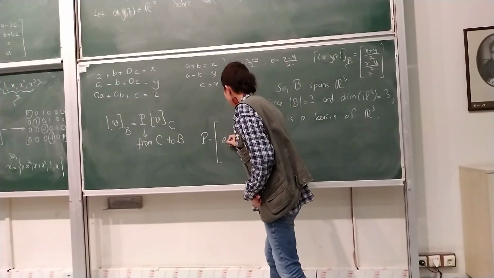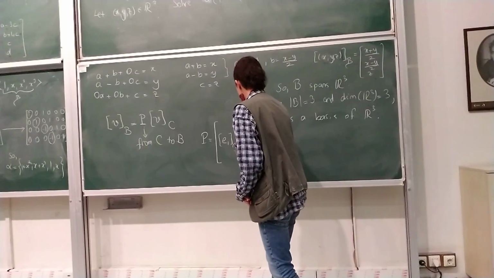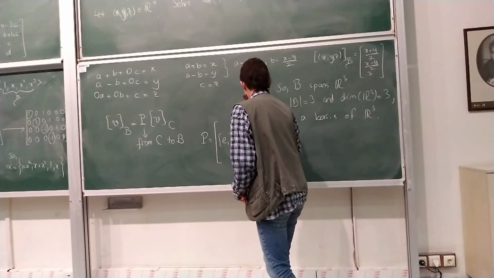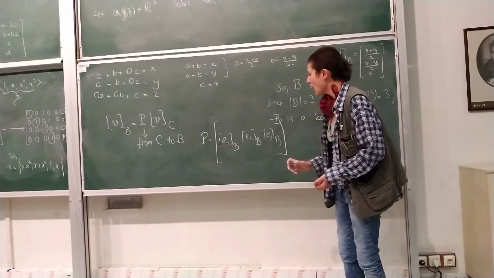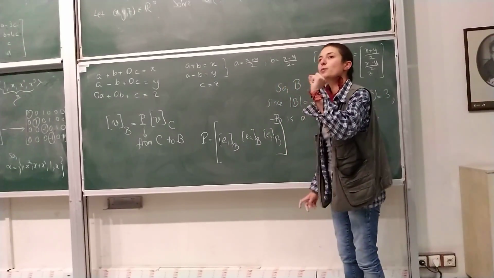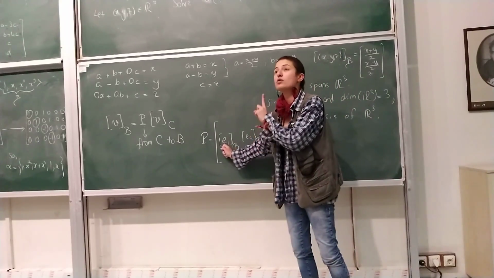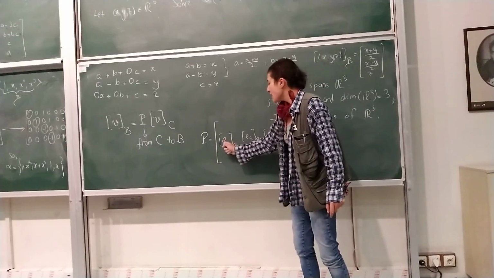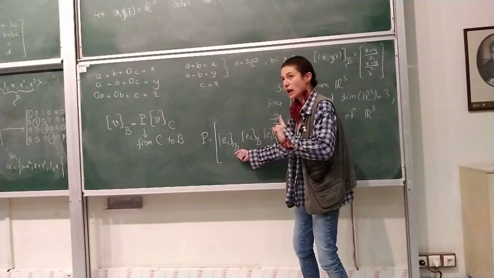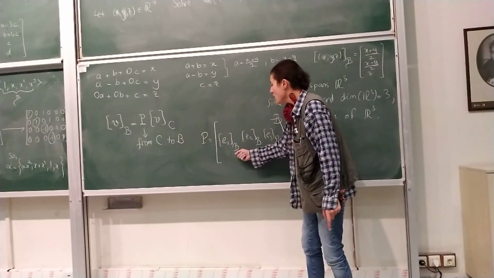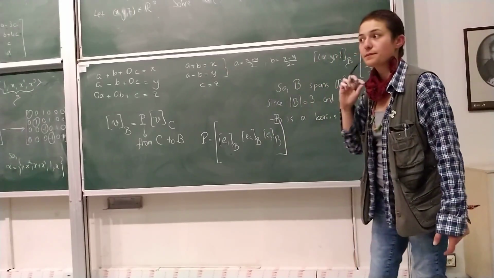So take the coordinates of E1 in B, E2 in B, and E3 in B. I want to go from C to B. I will take each vector from C in order. These should be ordered bases, okay? I take the vectors from C, look at the coordinates in B, because this is what I want to go to, and then write them into the columns, because coordinates are column matrices.